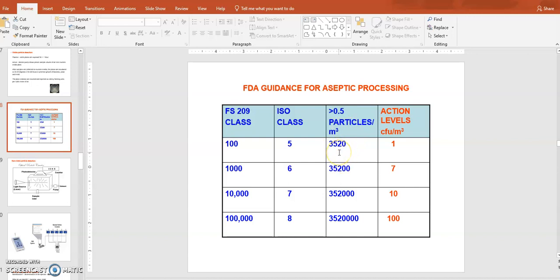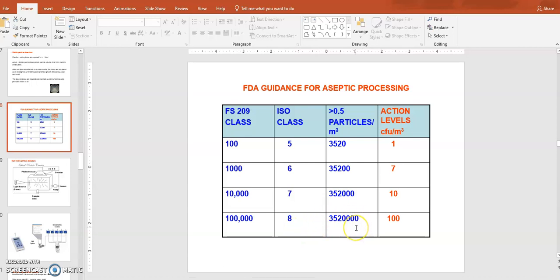If it is class 10,000 federal standard, or ISO 7, about 100 times more is allowed. And if it's class 100,000 or ISO 8, maybe 10 times more you can have.